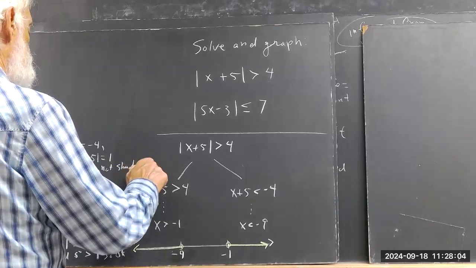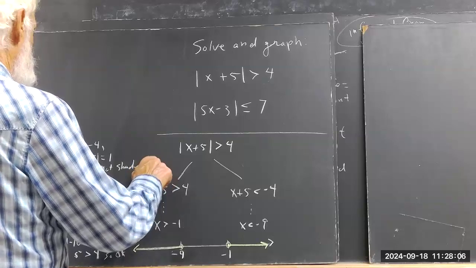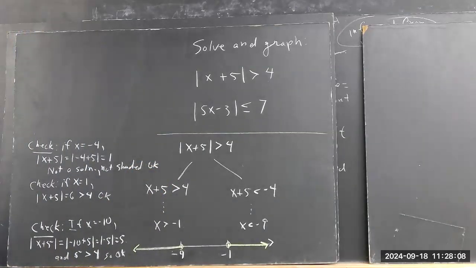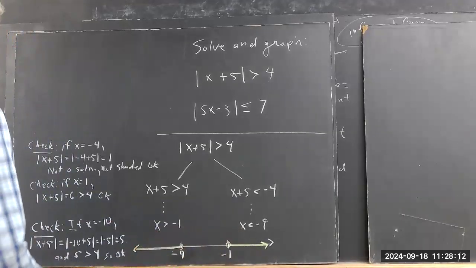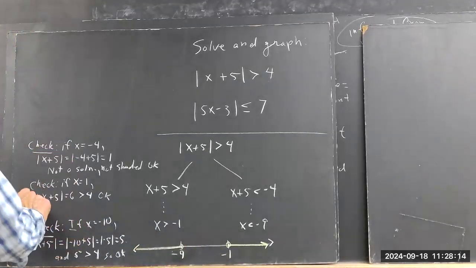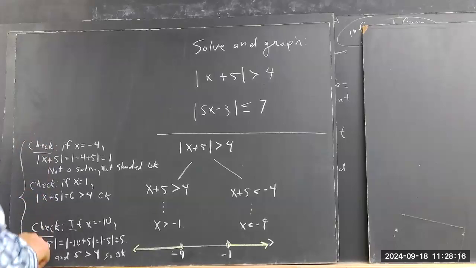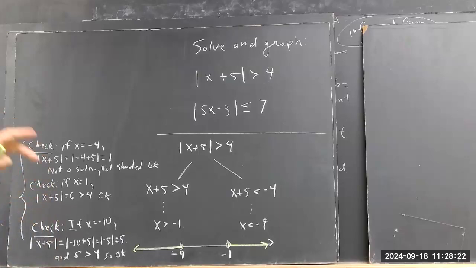And it's not shaded. So that's okay. All right. So you check a number in this region, you check a number in this region, you check a number in this region. Works out. Then it's not an absolute check. You can't be absolutely sure, but it gives your solution a lot of plausibility.